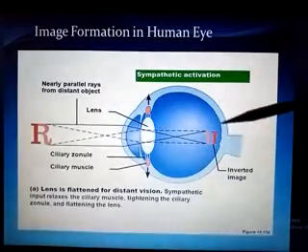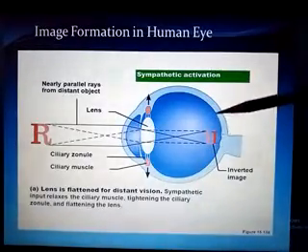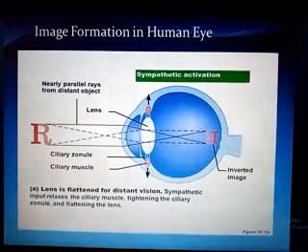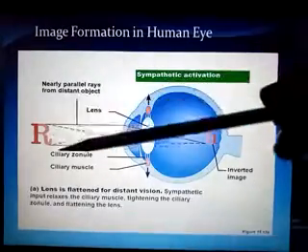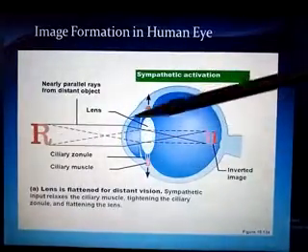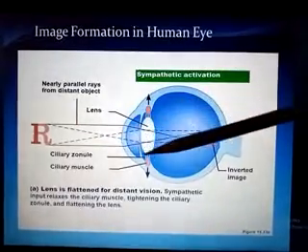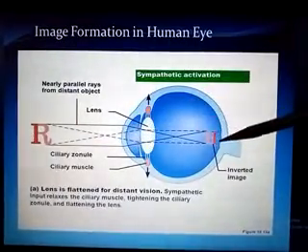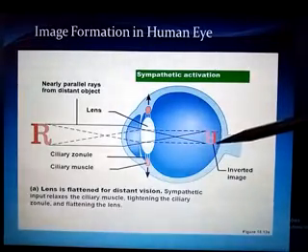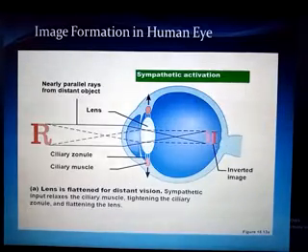In this diagram, the letter R present over here is considered as the object, and the rays coming out form an image in the retina, and the image captured here is an inverted image, right? So the image is captured in the retina as an inverted image. How can we understand that it is straight, right?